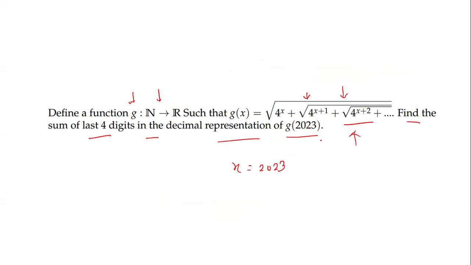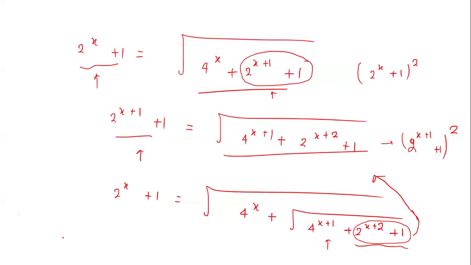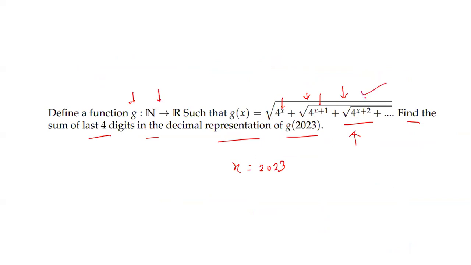First we get 4 raised to power x, then a square root, and inside that we get 4 raised to power x plus 1. And if you write this as 4 raised to power x plus 1 plus 2 raised to power something, then similarly we get this expression.